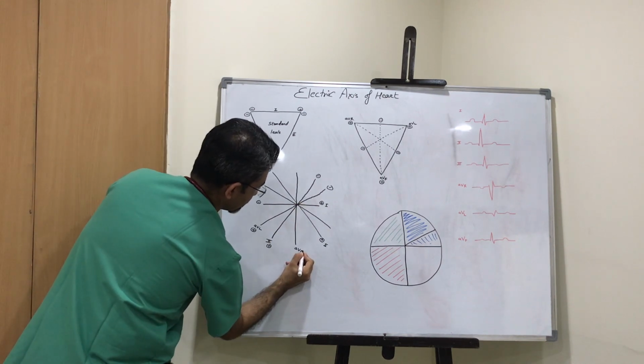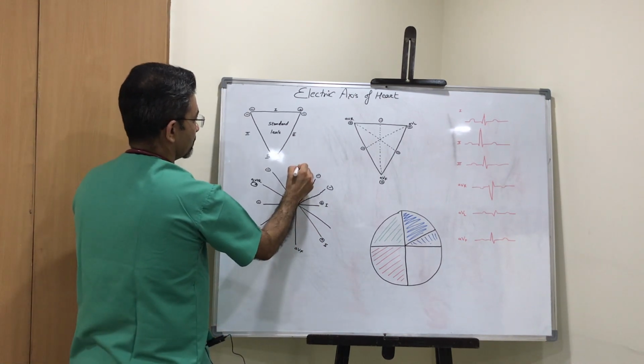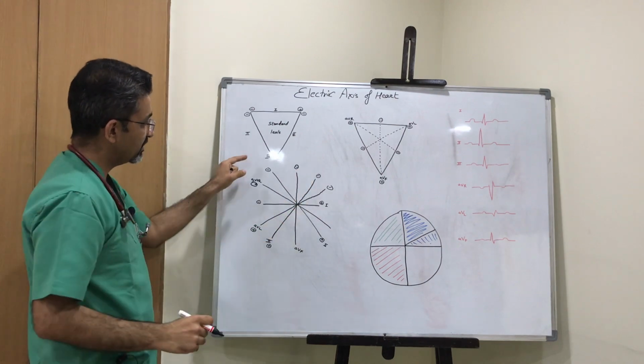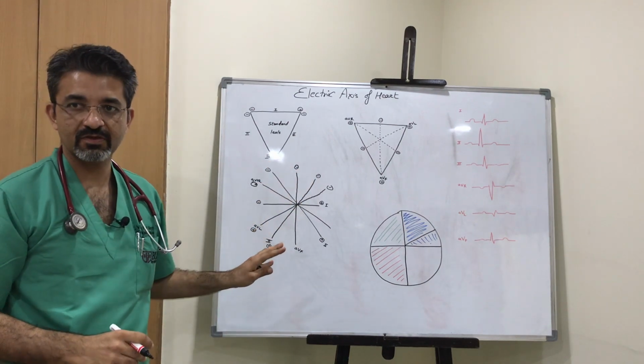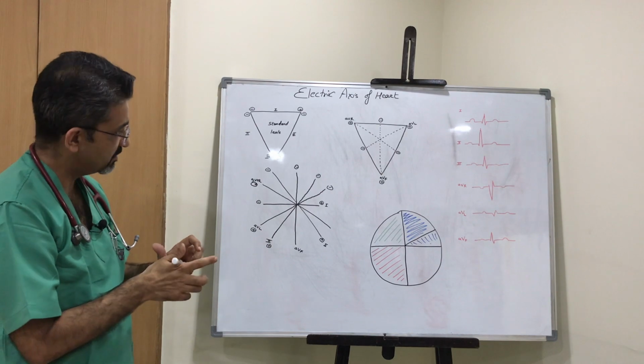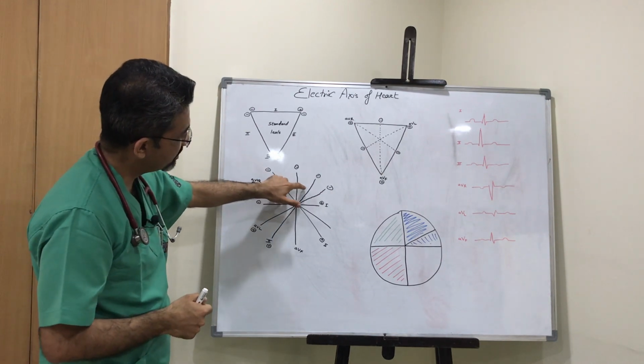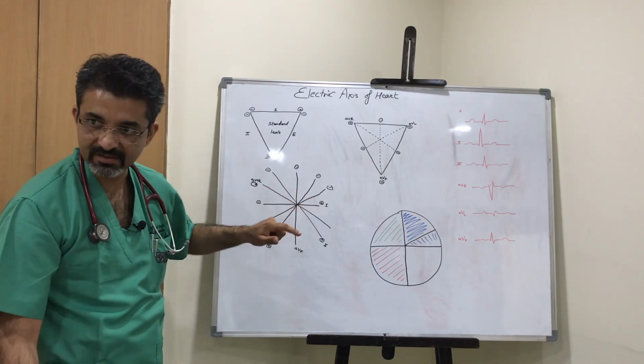So now we have a combined hexagonal system for finding the axis of the heart. Each lead is making a 30 degree angle with the next.